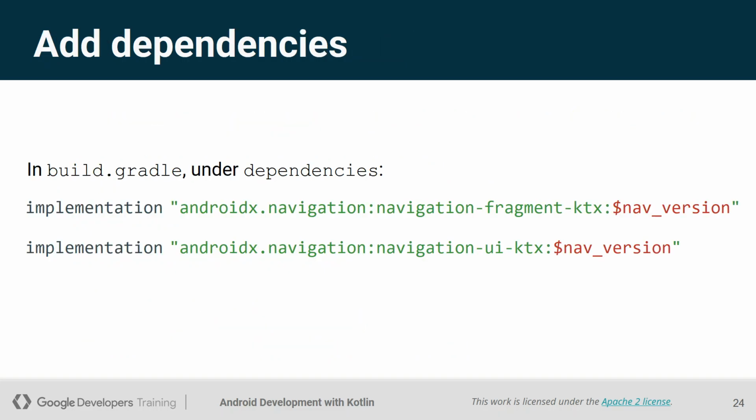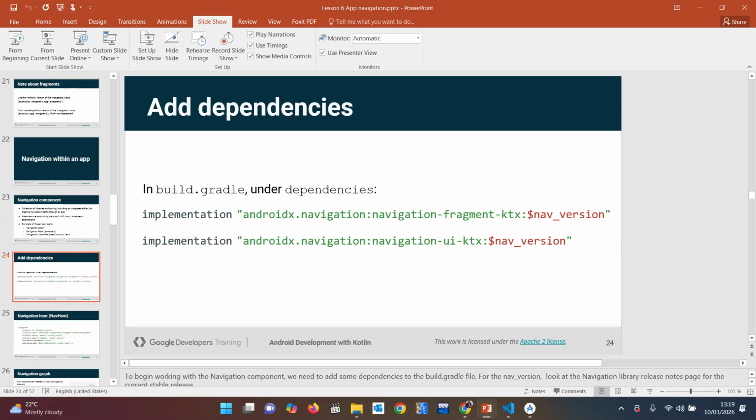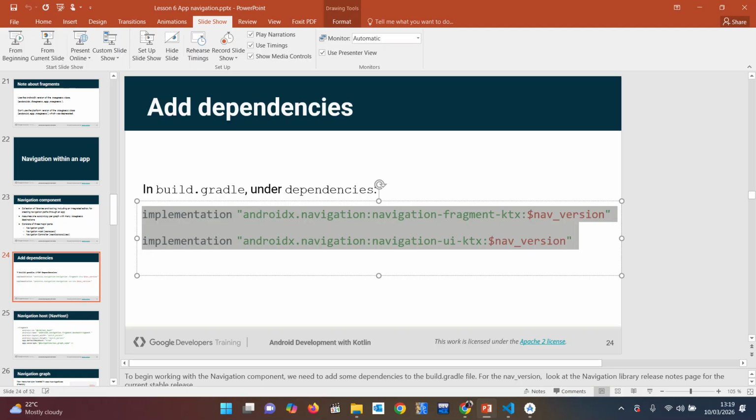For you to do that, you first need to add some dependencies. And where do you add these dependencies? For you to work with the navigation, it cannot work alone. You must add the dependencies, like implementing the navigation drawer versions.